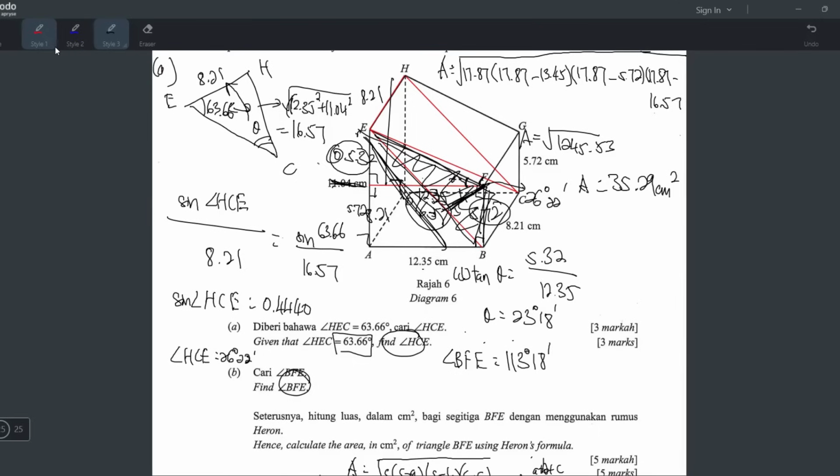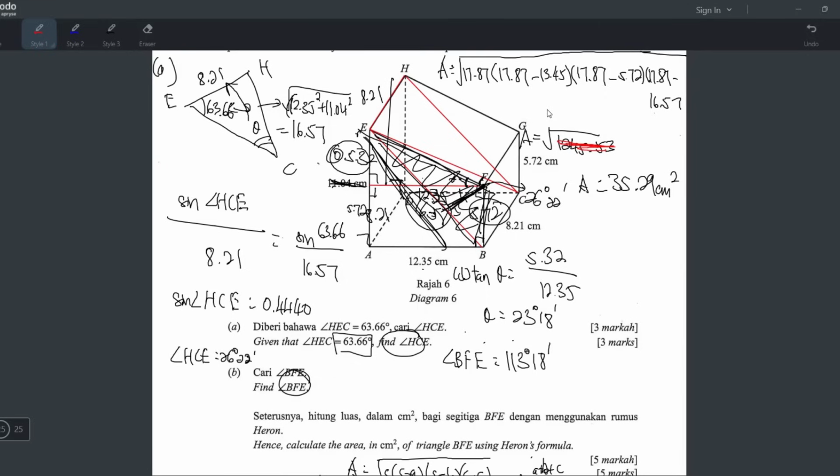Okay, I just realized I made a mistake here. When I press this in my calculator again, it's not 1245.53. So you actually get a different number. Let me press one more time. Answer bracket answer minus 13.45, and then bracket answer minus 5.72 bracket, and then answer minus 16.57.